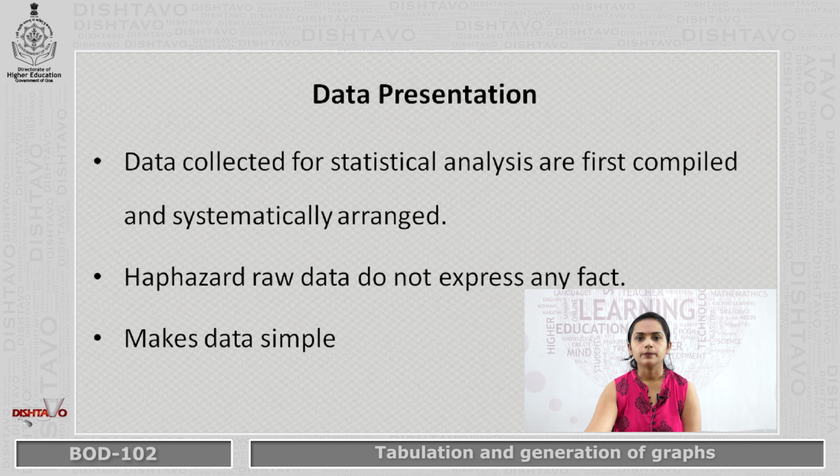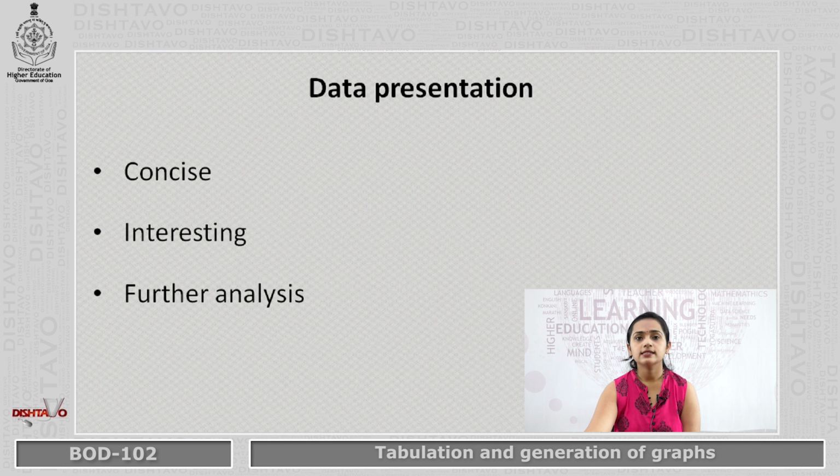Data presentation. Data which is collected for statistical analysis are first compiled and systematically arranged. Haphazard raw data do not express any fact, so data presentation makes the data simple, concise, interesting, and it is helpful for further analysis.